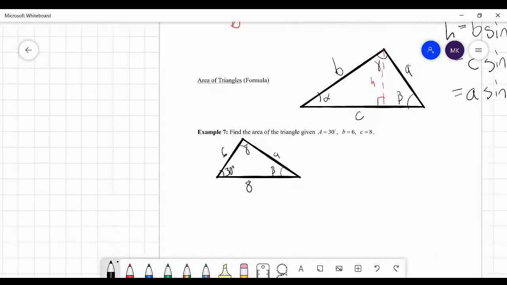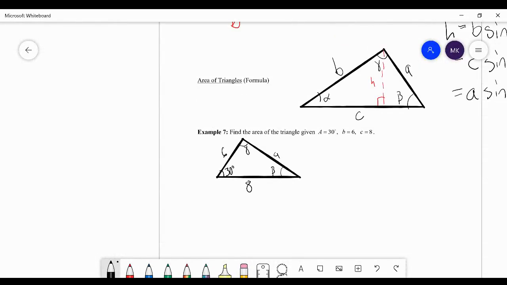Yeah, I figured out my brain. I'm so sorry, guys. Areas of triangles: 1/2 BC sine alpha, 1/2 AC sine beta, and 1/2 AB sine gamma.